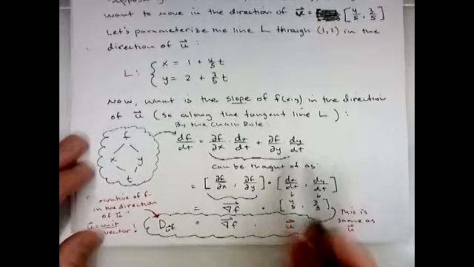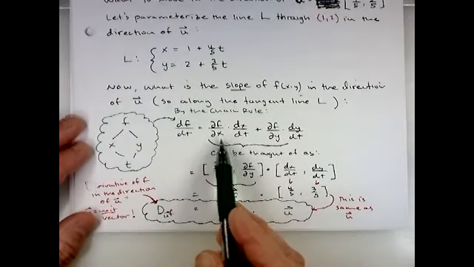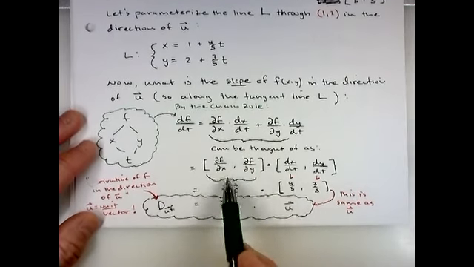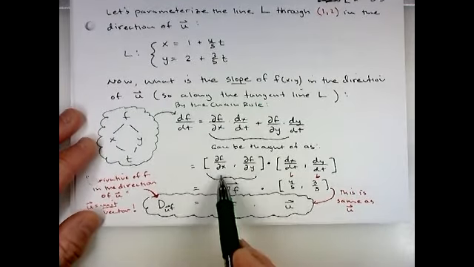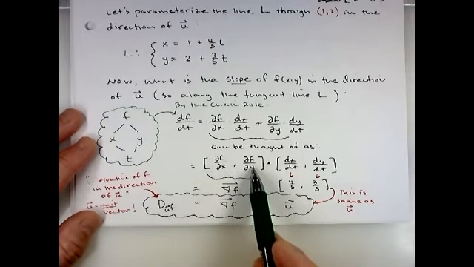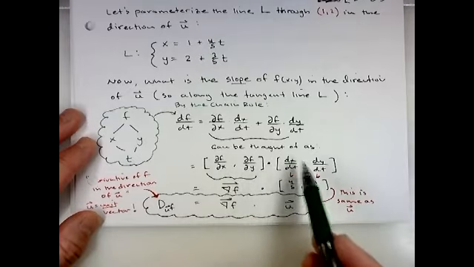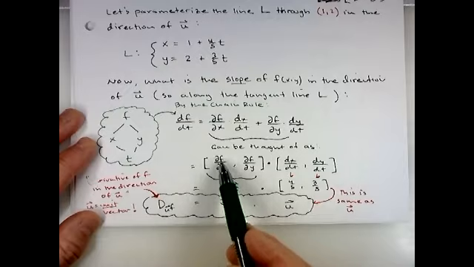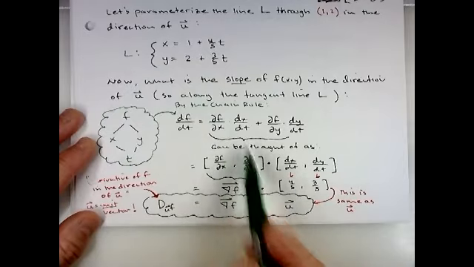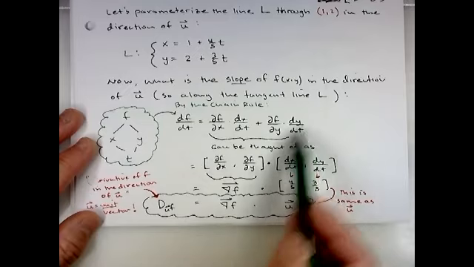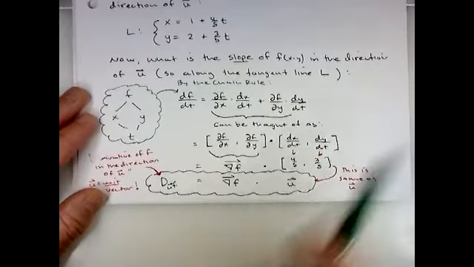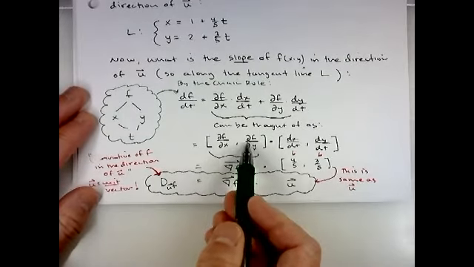Now, because we reviewed the dot product, another way to think of this chain rule, you can actually think of this as a dot product. If I took partial of f with respect to x, partial of f with respect to y, and dotted it with dx/dt, dy/dt, remember how you do a dot product? It's this times this, plus this times this. So that works. It can be thought of as a dot product of two vectors, where one of them is made up of your two partial derivatives.